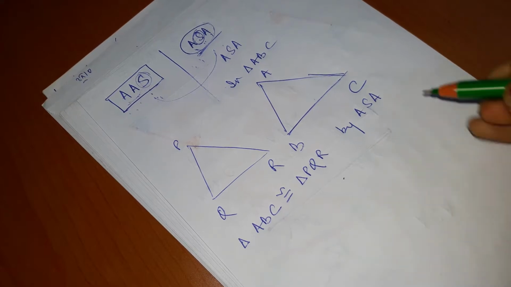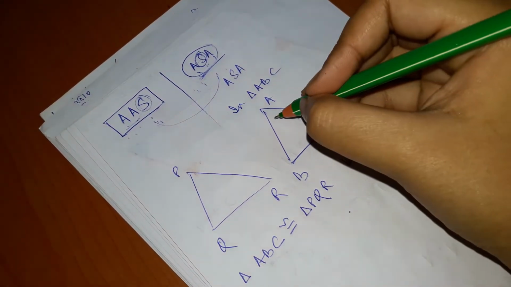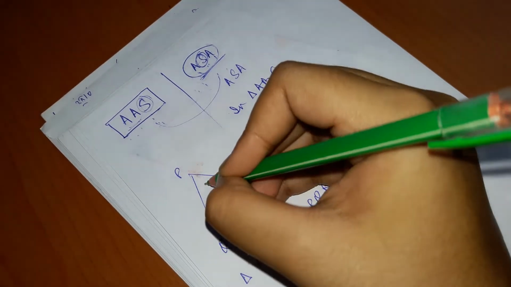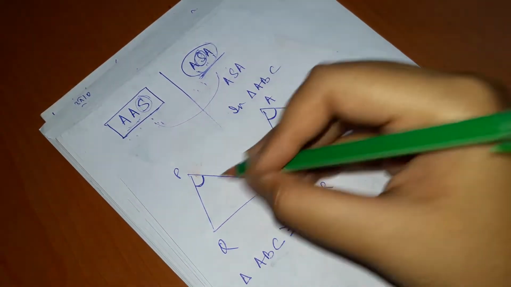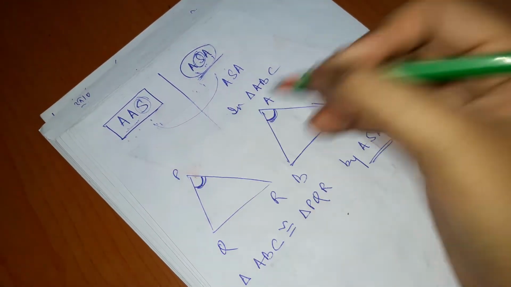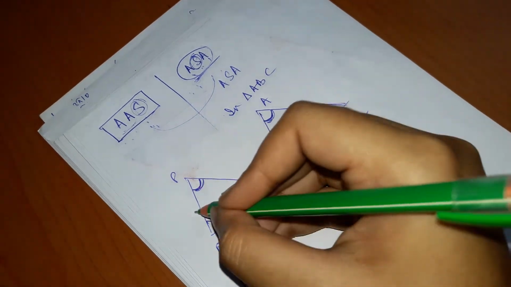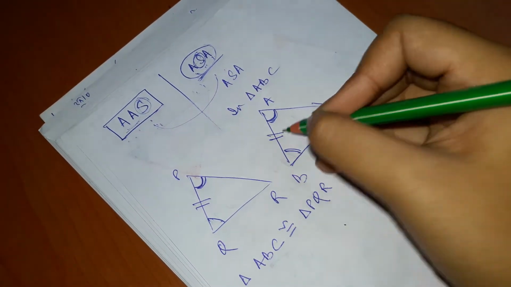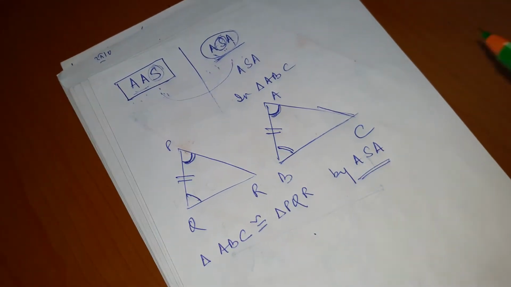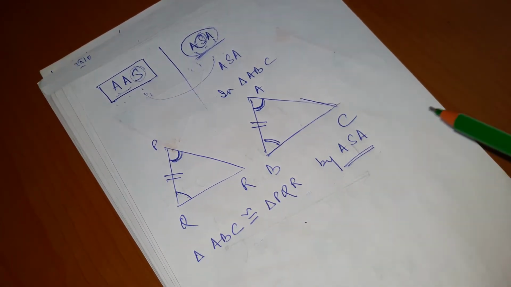If we say angle A is equal to angle P, suppose this information is given, angle A is equal to angle P and angle Q is equal to angle B and PQ is equal to AB, then we can conclude that triangle ABC is congruent to triangle PQR by ASA.